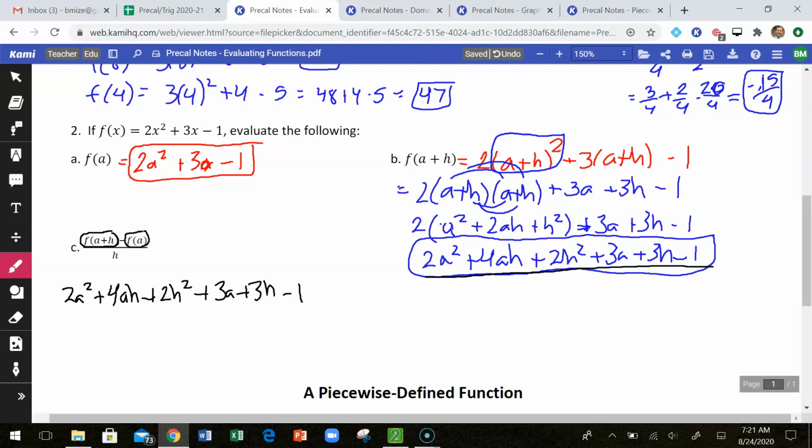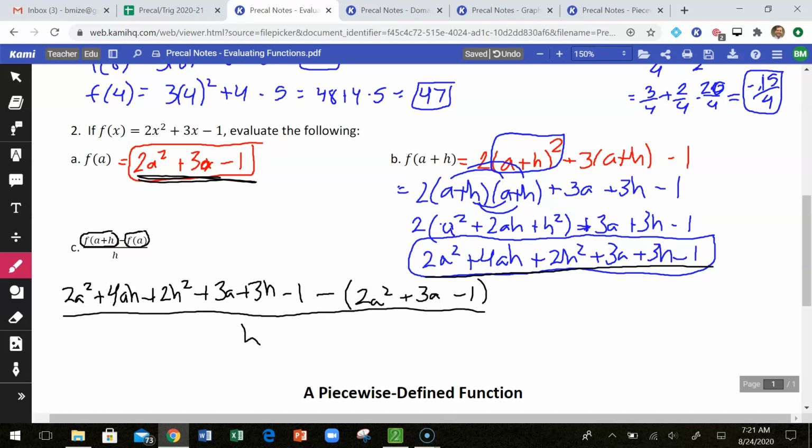So then I'm going to do minus, and I'm going to plug in f of a, which is 2a squared plus 3a minus 1. And that is all divided by h. Now, you want to make sure that you subtract the entire f of a. That's why I put it in parentheses here, because I need to make sure that this subtraction gets to all of those terms.